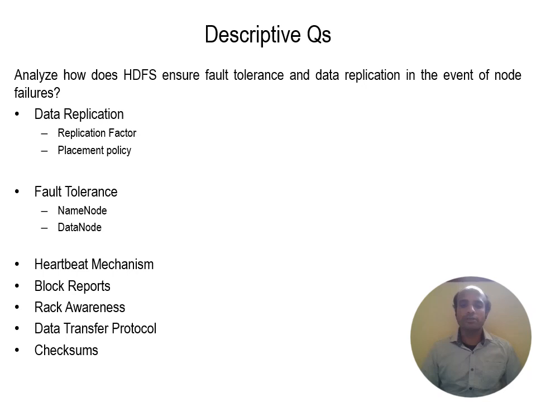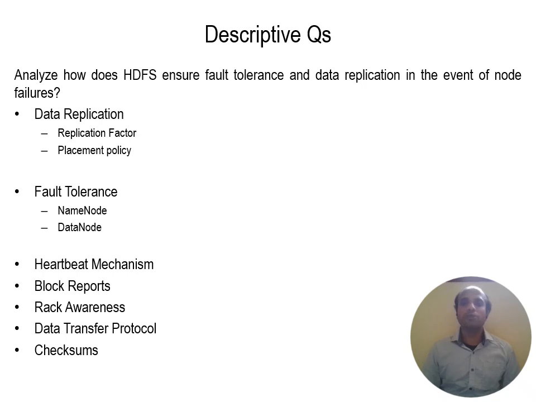Another aspect is fault tolerance, in which we are referring to the name node and data node, which act as the master and slave, brain and muscle. And we can talk about the heartbeat mechanism, block reports, rack awareness, data transfer protocol, and checksums.